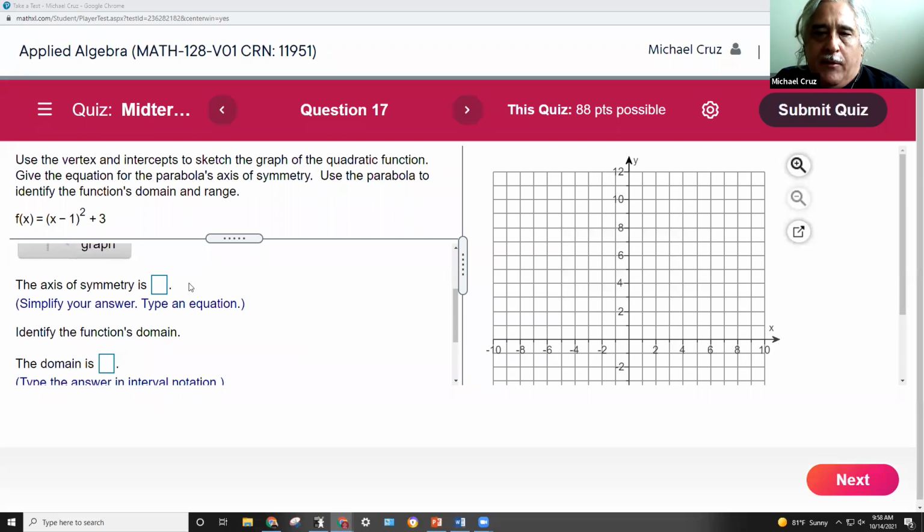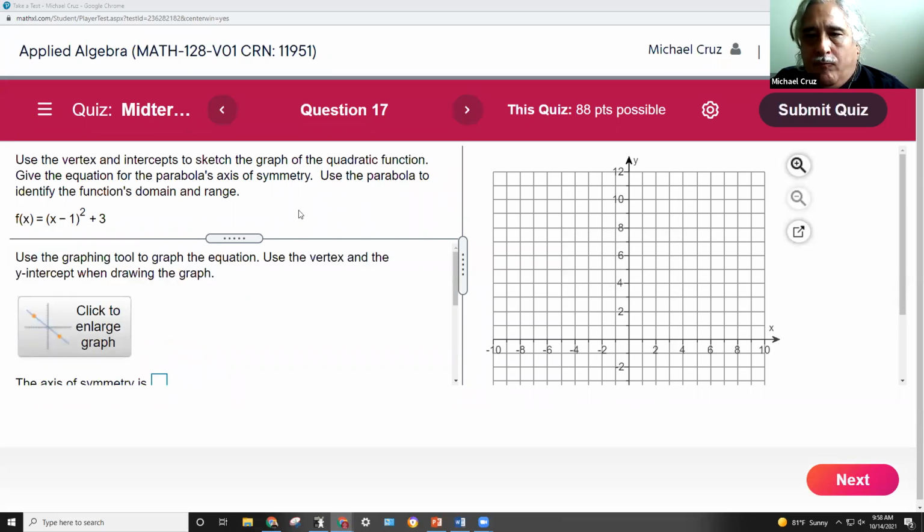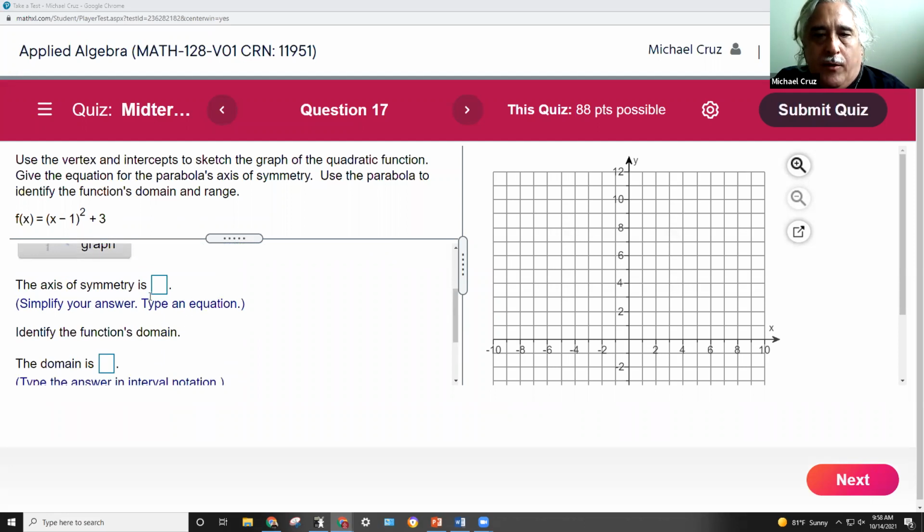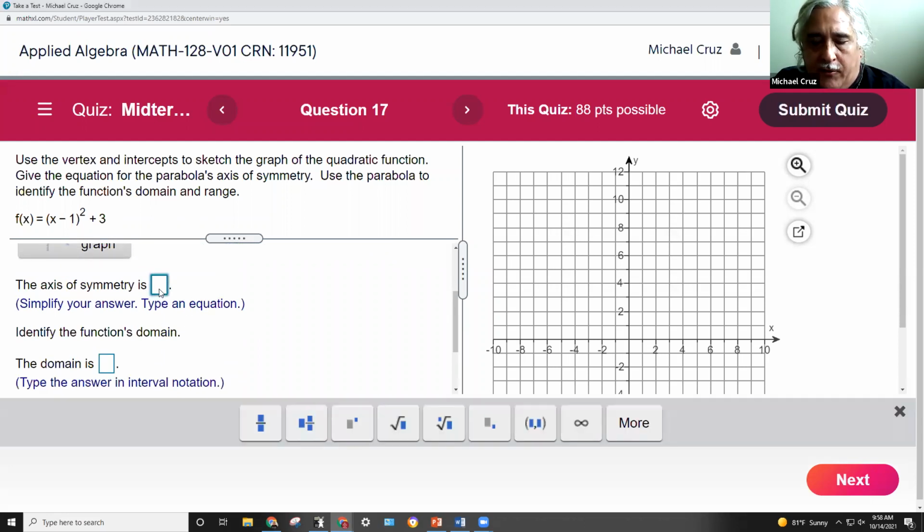So the axis of symmetry is that x coordinate. So the axis of symmetry is x is equal to 1. That x represents the axis of symmetry.